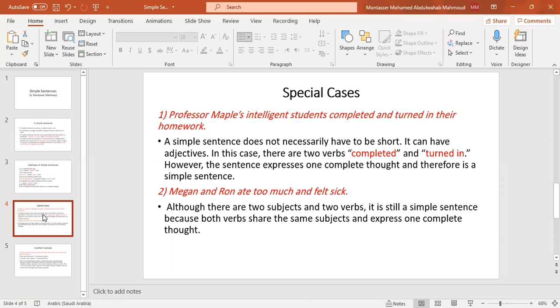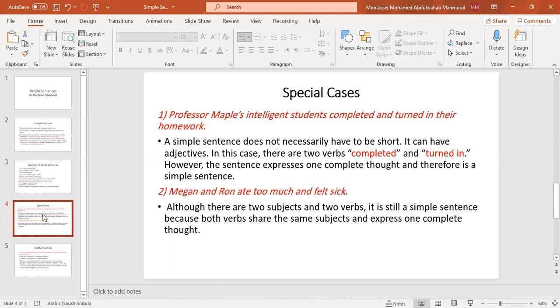It can have adjectives. In this case, for example, there are two verbs, completed and turned in. However, the sentence expresses one complete thought. One complete thought. So we say this is a simple sentence.